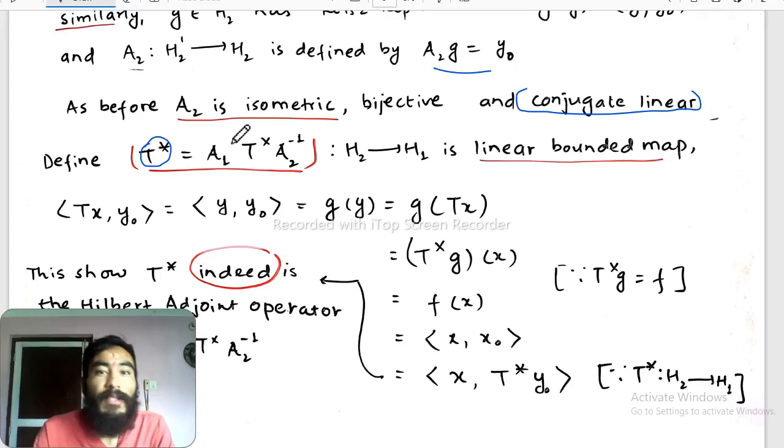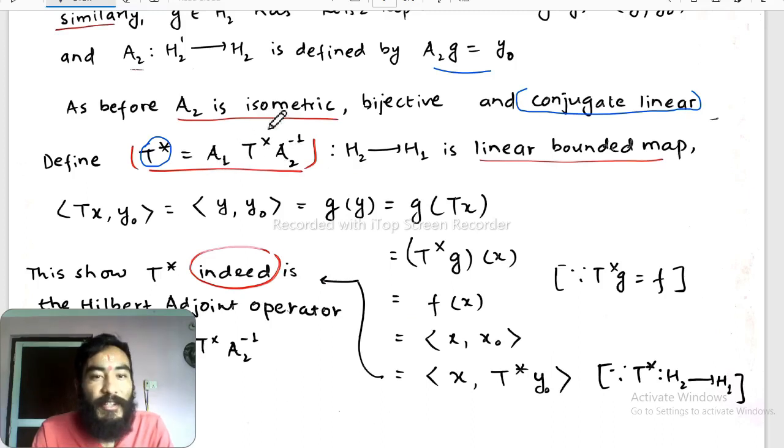And because of the relationship, T star is bounded, and A2 is bijective, A1 is also bijective, and A2 and A1 are isometric.